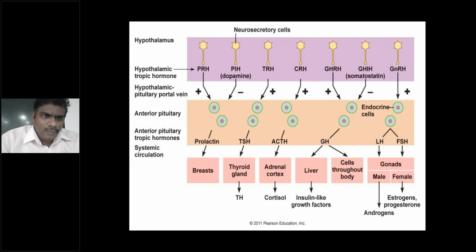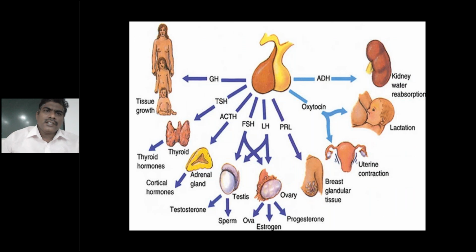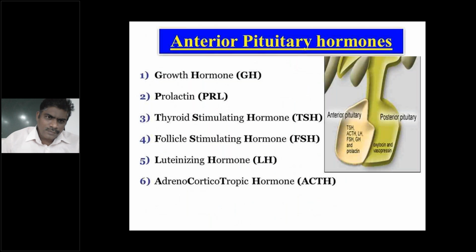These pass by the hypothalamic pituitary portal vein and stimulate the anterior pituitary gland. The anterior pituitary gland secretes growth hormone, prolactin, thyroid stimulating hormone, follicle stimulating hormone, luteinizing hormone, adrenocorticotropic hormone. The posterior pituitary gland secretes oxytocin and vasopressin.